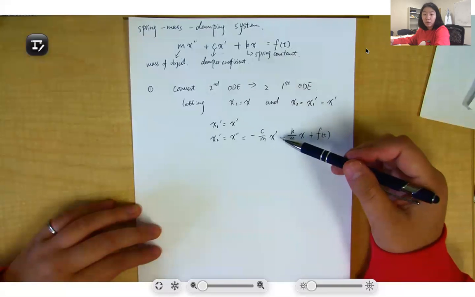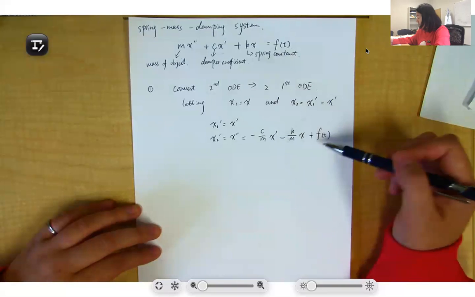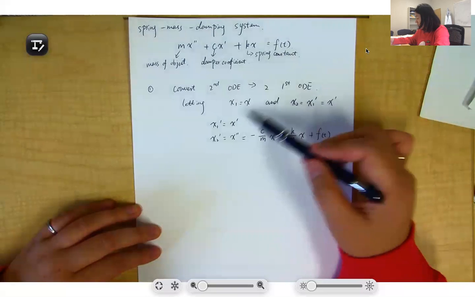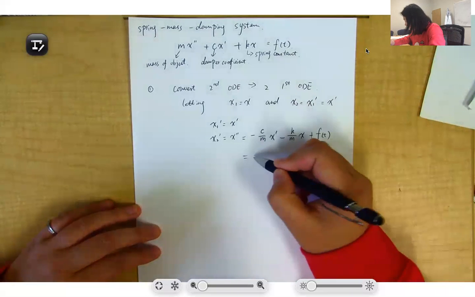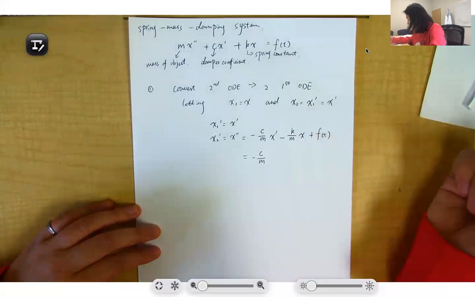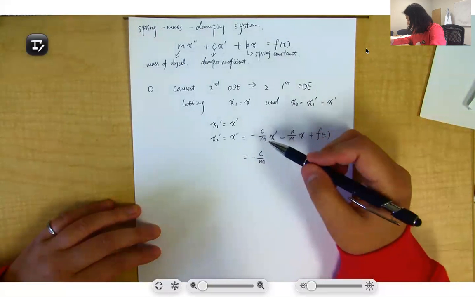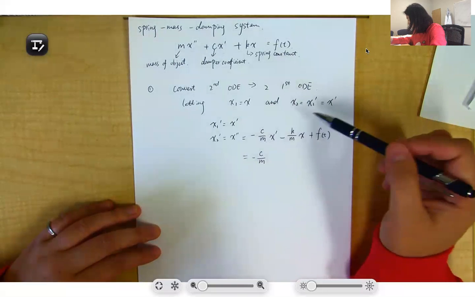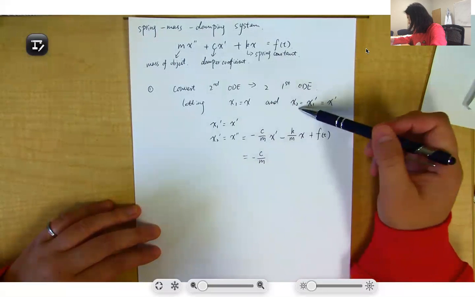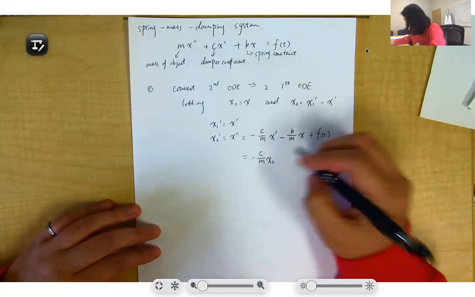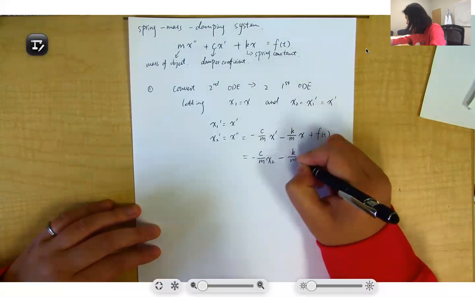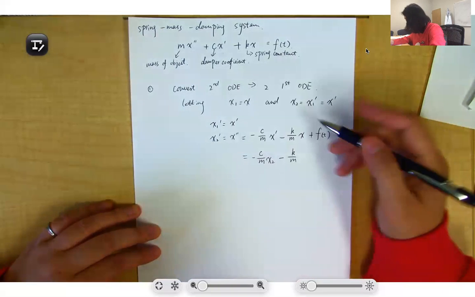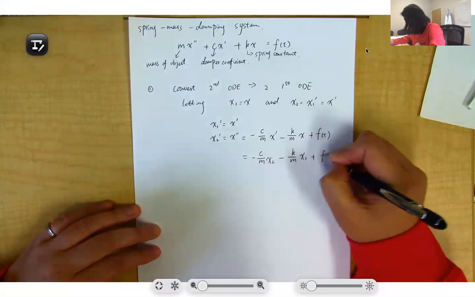Okay, and you can represent this x prime and x with our substitution. So that is minus c divided by m, x prime will be x2, minus k divided by m, x is x1, plus the forcing function.